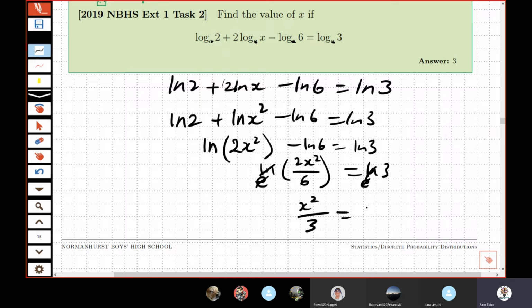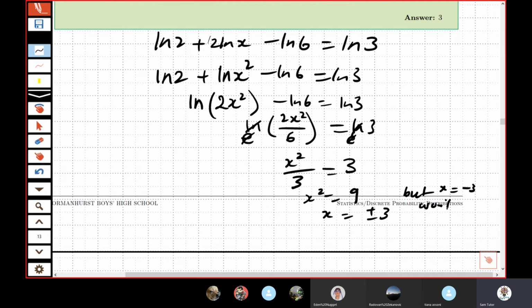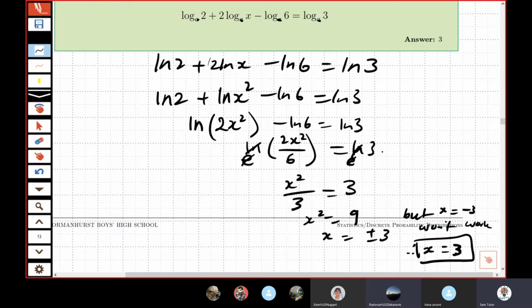x squared equals 3. I think you can continue from there. x equals -3 won't work. Therefore, the only answer is x equals 3. Sam, why wouldn't x equals -3 work? Good question.